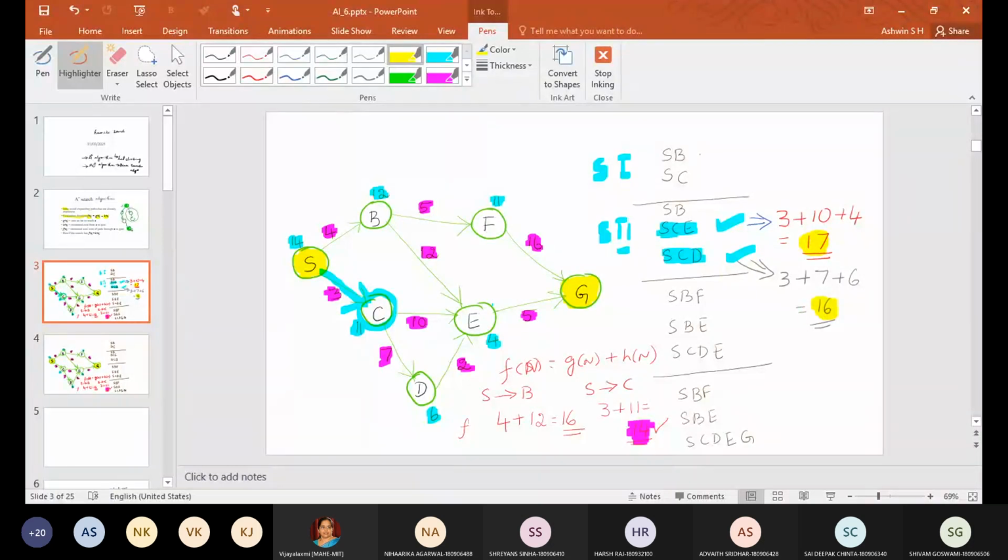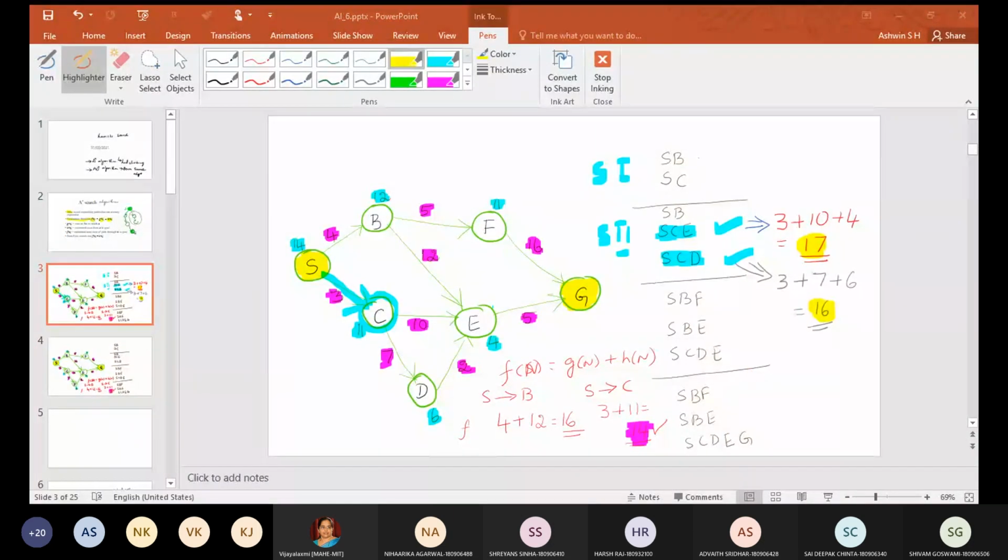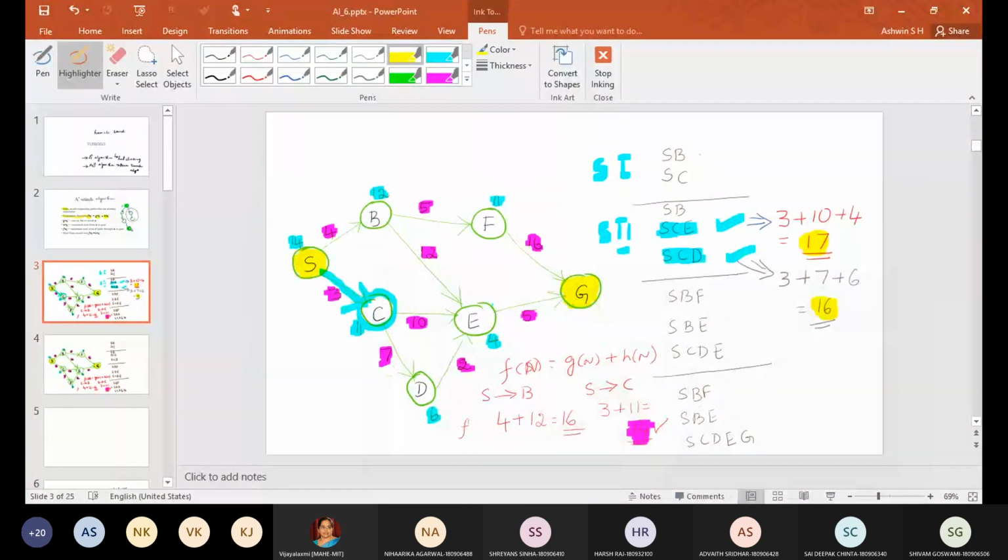Any doubts so far? Anybody? Any doubts you can ask me. Is it clear till this step? SCE 17 and SCD 16. Is it clear? Now my question is where to move next? What to expand next?